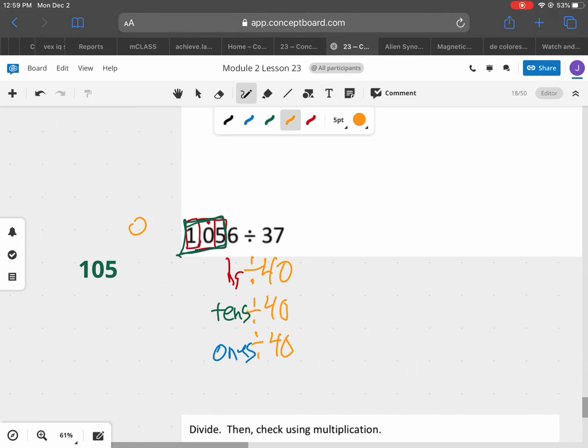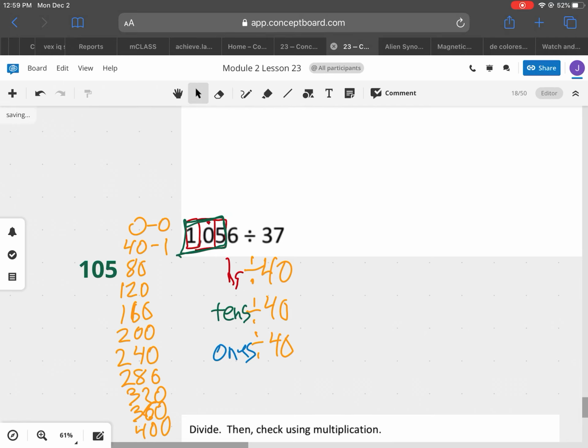Over here, it's going to be 0, 40, 80, 120, 160, 200, 240, 280, 320, 360, that's a 6. All right, and then there's 400 also.